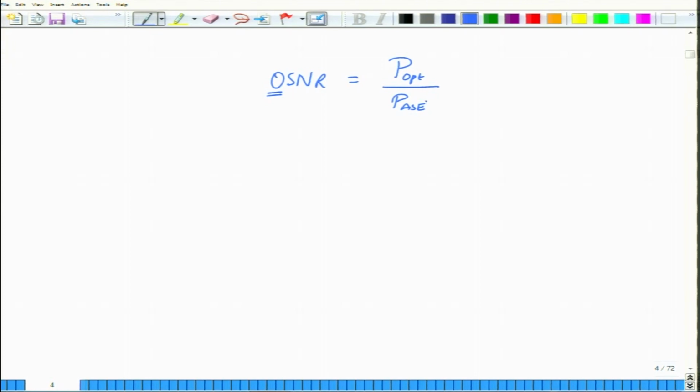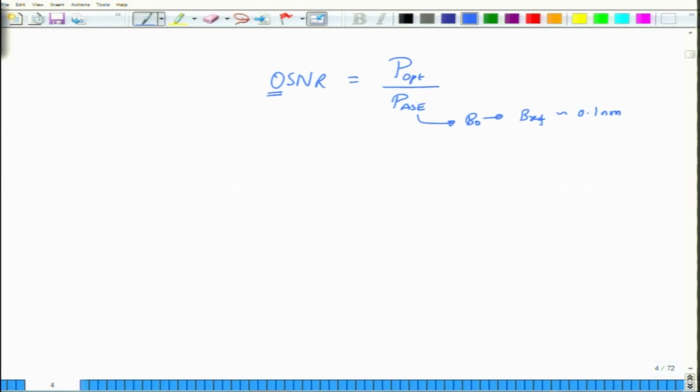Now, you might ask, what about the bandwidth that we are going to take? You are right, if I start increasing the bandwidth, the total value of noise power starts to increase and the OSNR actually starts to decrease. However, this optical bandwidth is taken to be some reference bandwidth corresponding to 0.1 nanometer.